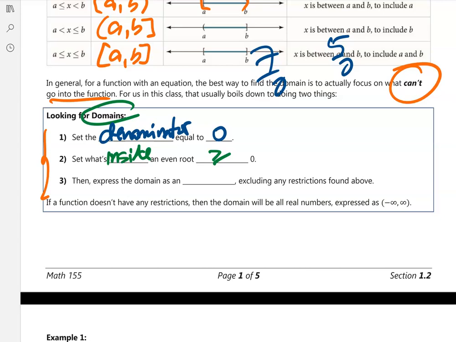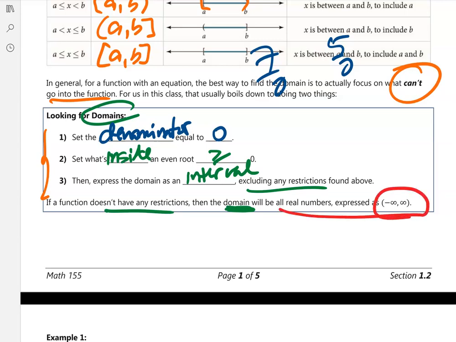And then when you do that, express the domain as an interval excluding any restrictions found above. And if a function doesn't have any restrictions, then the domain will be all real numbers. Or you can write it as negative infinity to positive infinity.